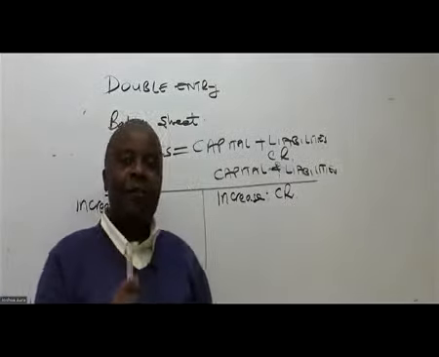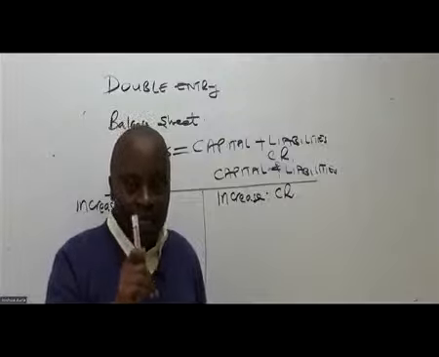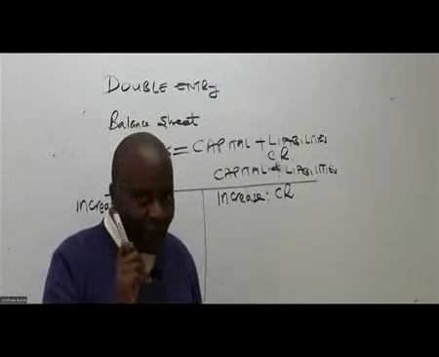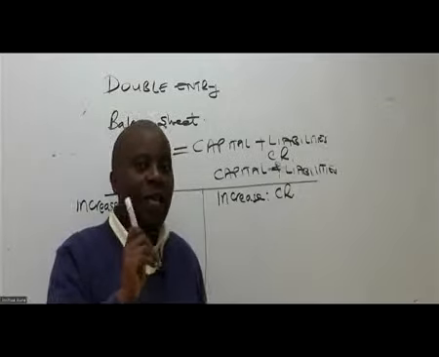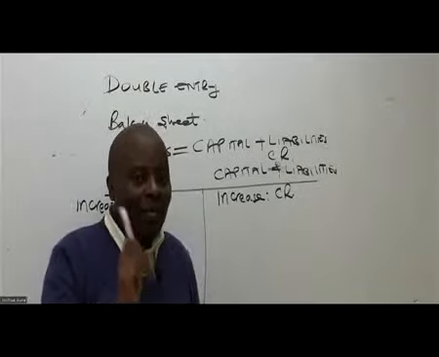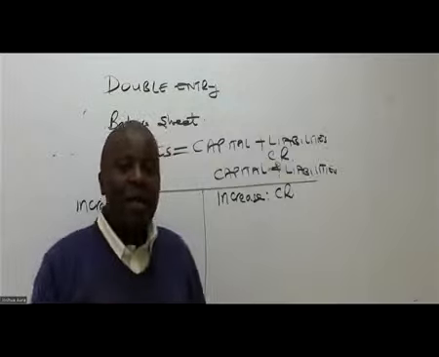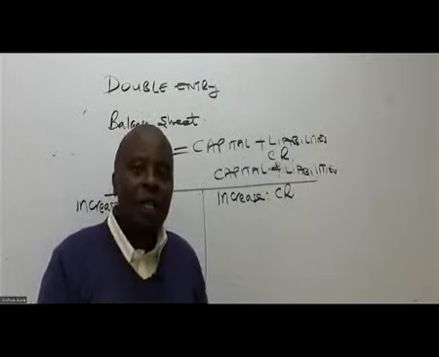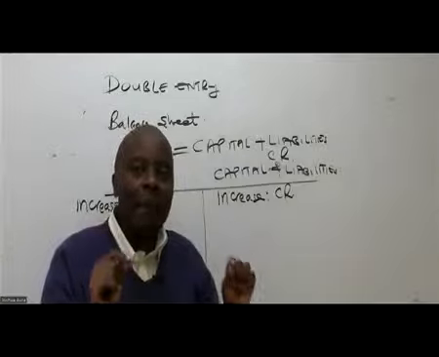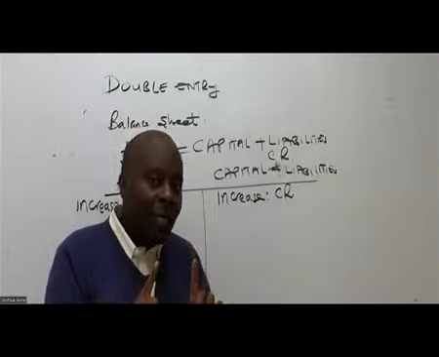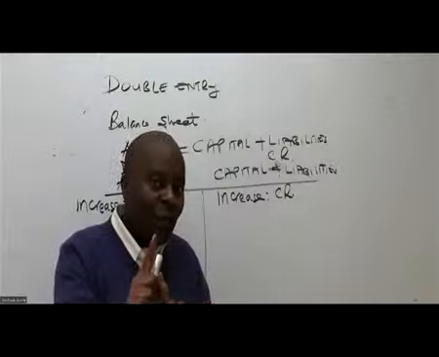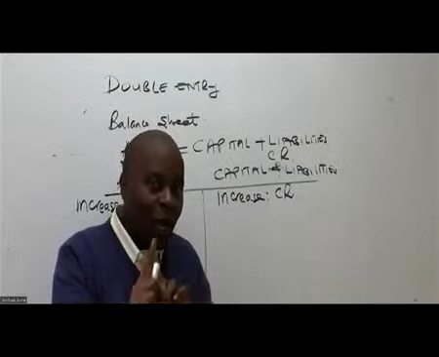Now listen, if today I was to start a business and inject into this business 1 million Kenya shillings, this is a very important business transaction that will need to be captured.